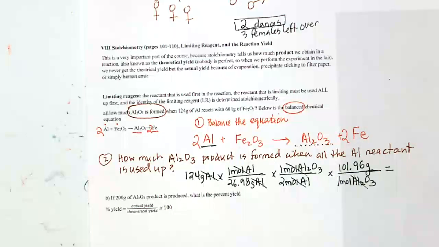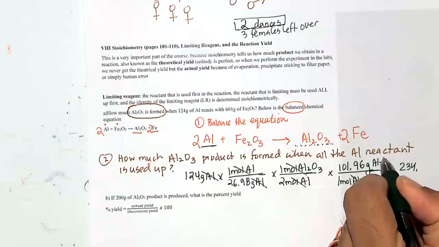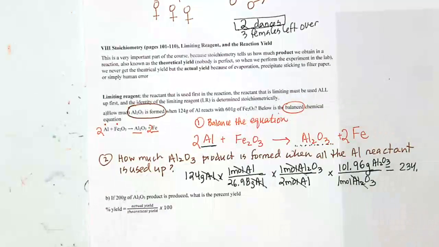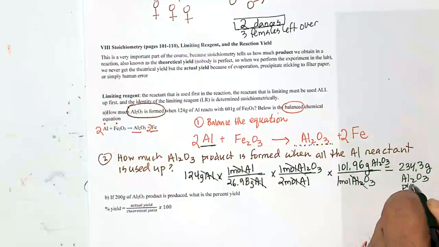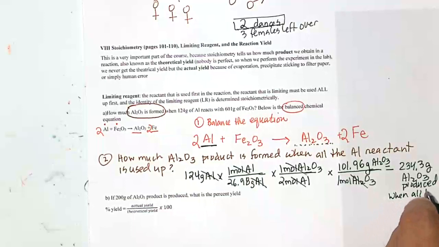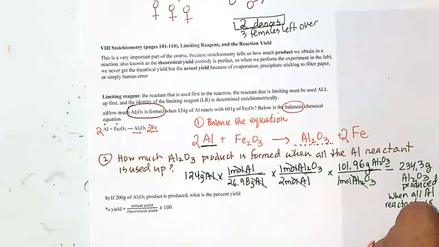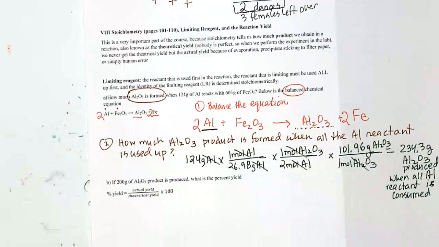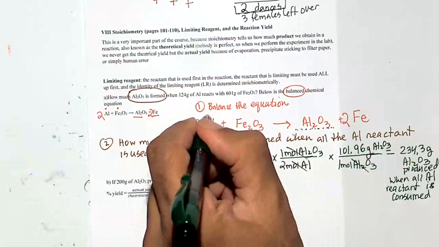So you got 234.3 grams of Al2O3 is produced when all the Al is gone, when all the Al reactant is consumed. So this is how much you make when all of this is gone.